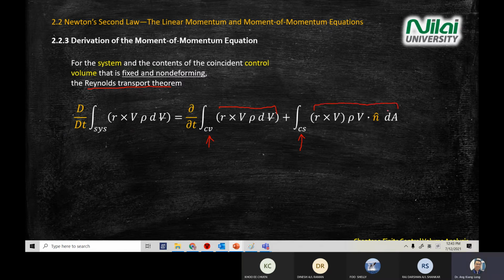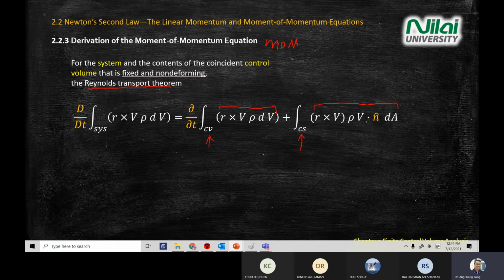Today you learn a new equation, the moment of momentum equation, or MOM in short. It has r cross V rho dVolume for the control volume, and d/dt.